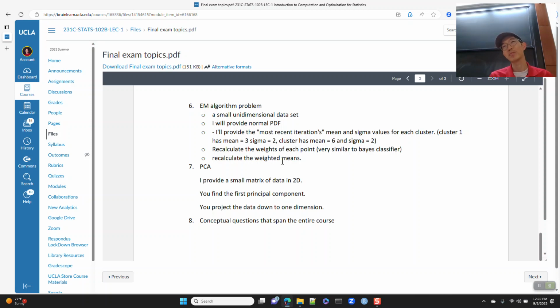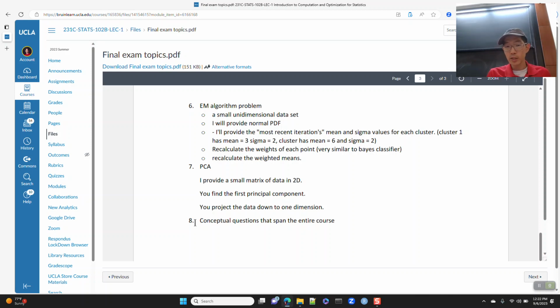Or I won't specifically ask you to do that, but that's a necessary step for PCA, and you'll take the first principal component and do PCA analysis to reduce from 2 dimensions down to 1 dimension.